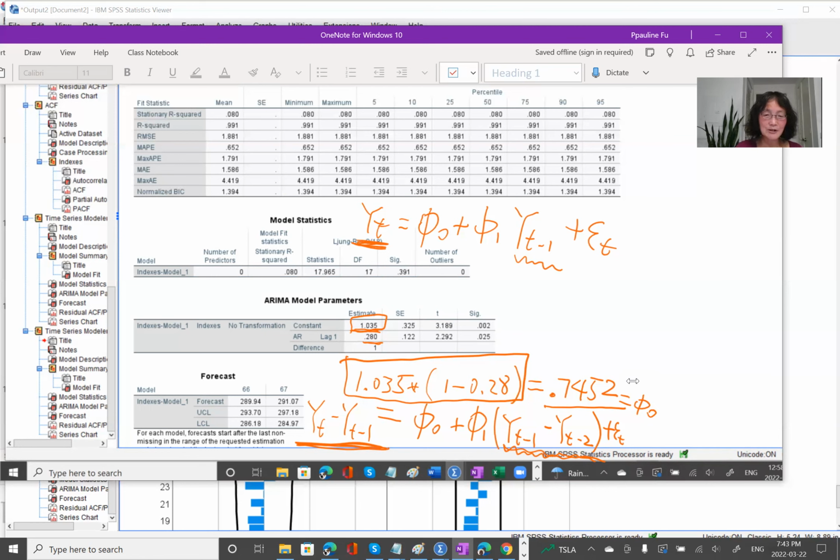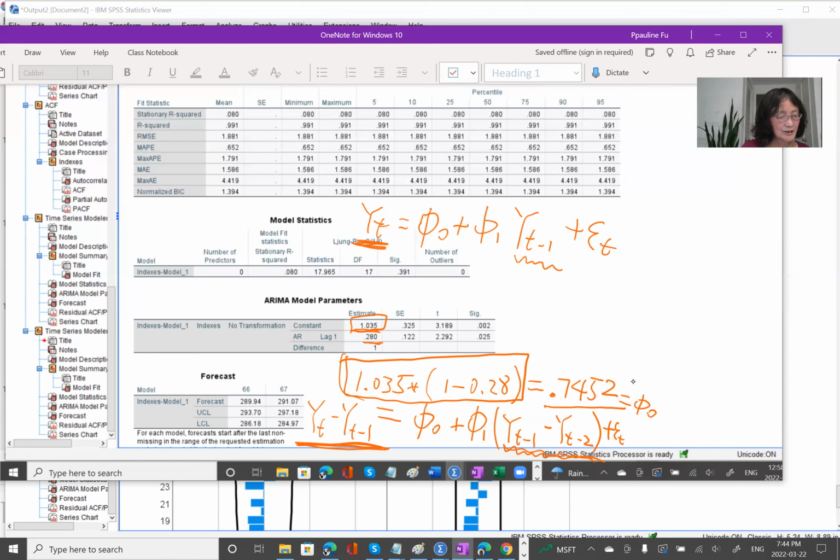Our textbook used Minitab. If you use Minitab, you directly get 0.7452. And if you are using R, it deals with the constant similarly to SPSS; you have to do this calculation, 1.035 times 1 minus 0.28. As you can see, different software uses slightly different techniques to deal with the parameters.